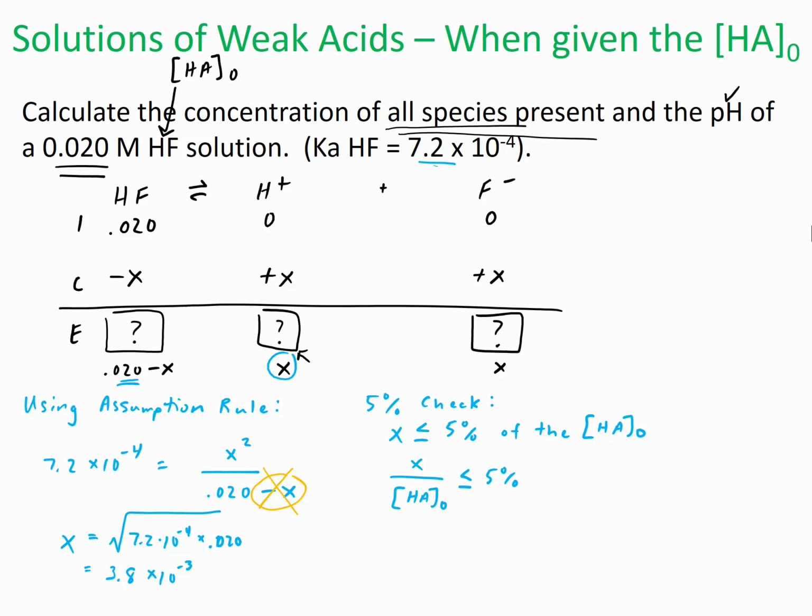If we plug in what we got for X, 3.8 times 10 to the negative third over the initial amount, which is 0.020, and change it to a percentage, we get 18.97%. This is greater than 5, so the assumption rule will not work.